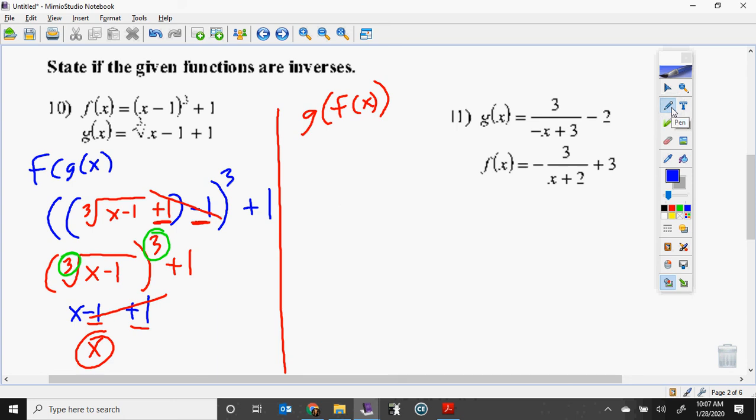Alright, so g is the cubed root of, I'm going to put parentheses and I'm just going to go ahead and stick it in there, x minus 1 cubed plus 1. Alright, so that was the x. So it's the cubed root of x minus 1 cubed plus 1. There we go. Alright, and this should work fairly similar to the left one. So I see these two values cancel out.